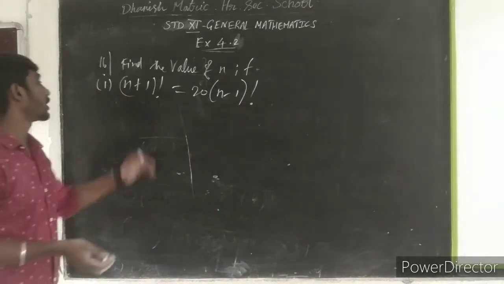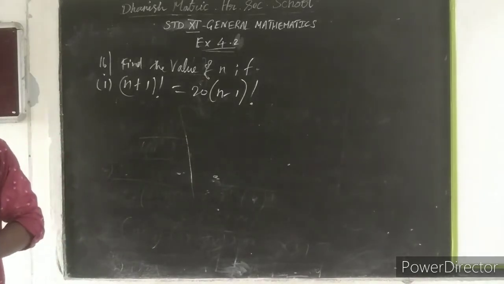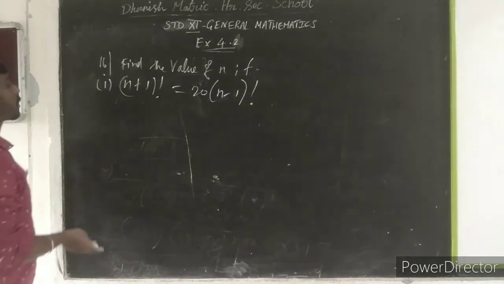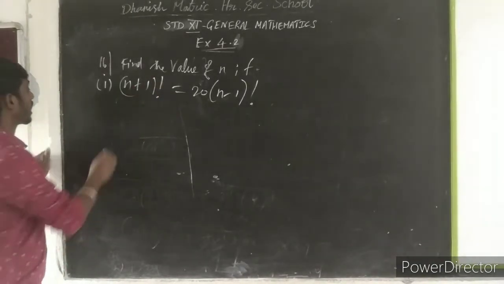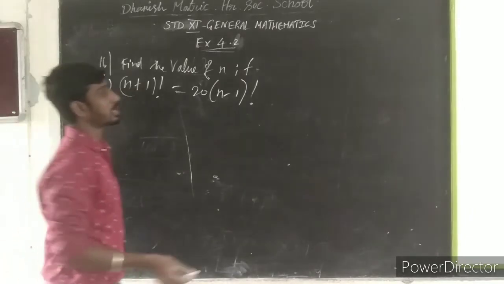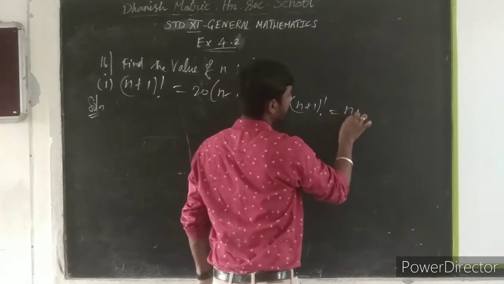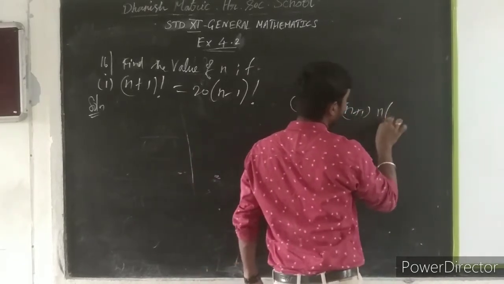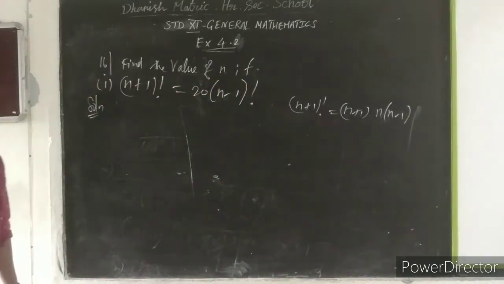Now we are going to write like this: n plus 1 factorial. We write n plus 1 factorial as n plus 1 into n, into n minus 1. What is the assumption value here?